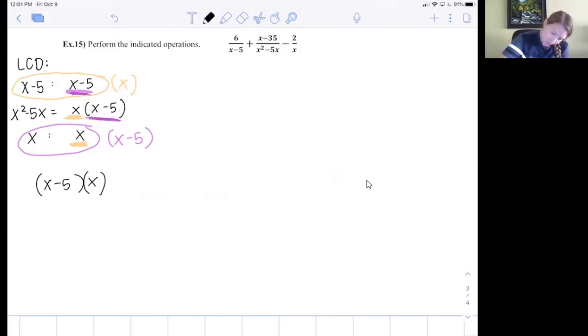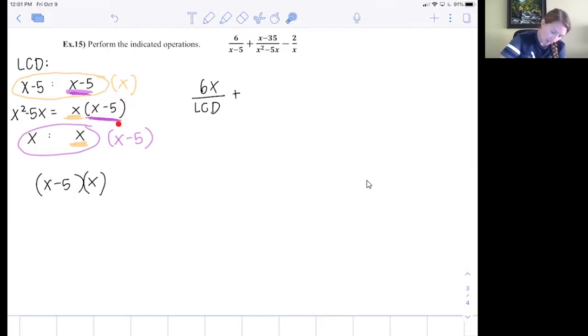So now I'm going to rewrite this. So the 6 over x minus 5, I'm going to come over here and see that I had to times this by x. So it's going to be 6 times x over just our LCD. I'm going to write that for now. Plus, okay, this second one I'm going to look at. Looks like I didn't have to times that by anything, right?